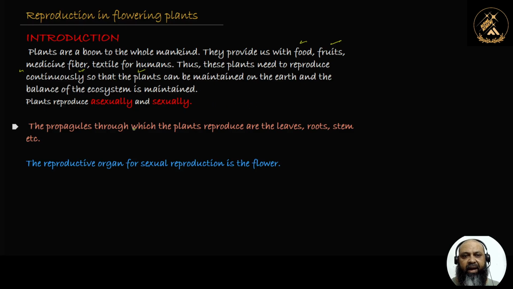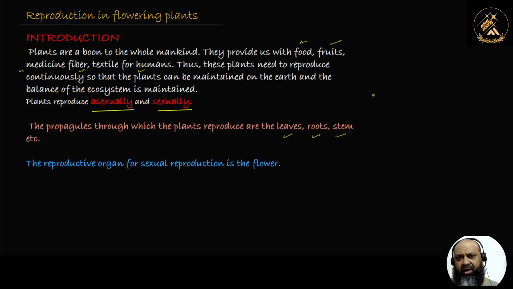As we know, plants can reproduce in two ways, asexually as well as sexually. They produce their own copies the asexual way by any part: leaves can take part in the reproduction, roots can take part, stem can take part, or any other part of the plant.